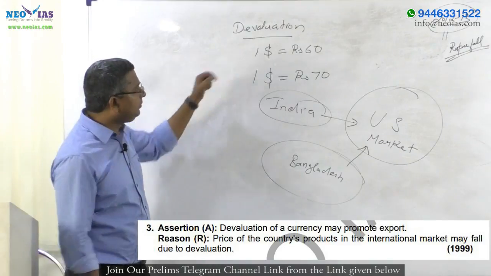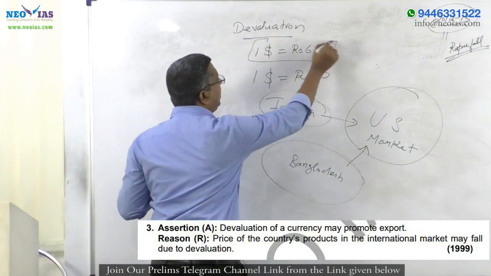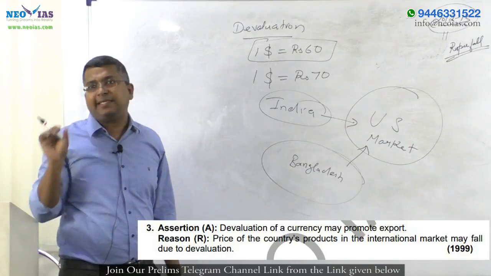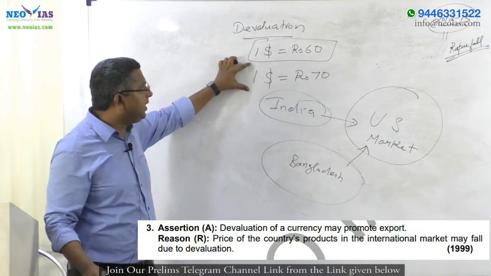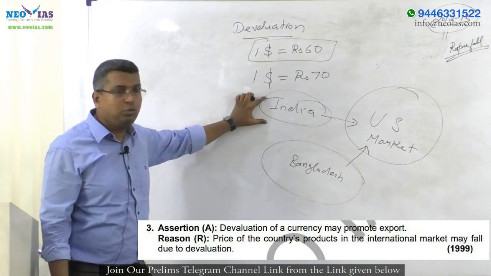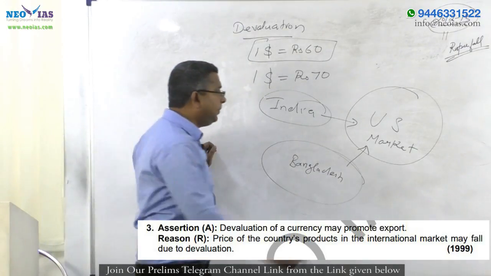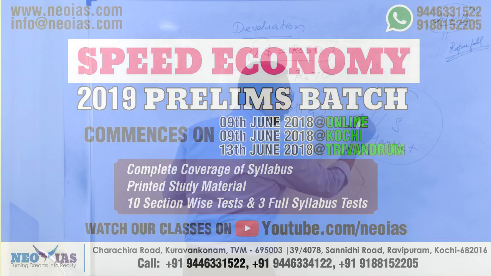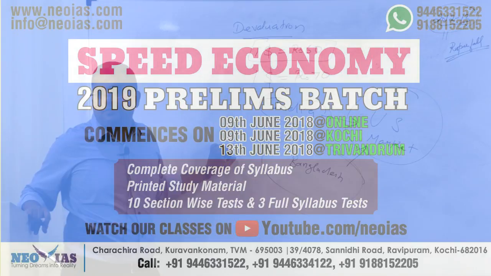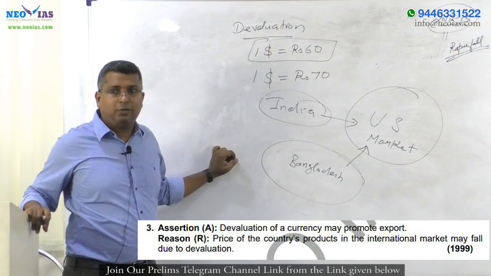Earlier at this price, exporters were having a profit, but the margin was lesser. But now they are getting a huge profit margin. Now what will these exporters from India do? They will tell the importers in US that we are ready to decrease the price. You getting the point?